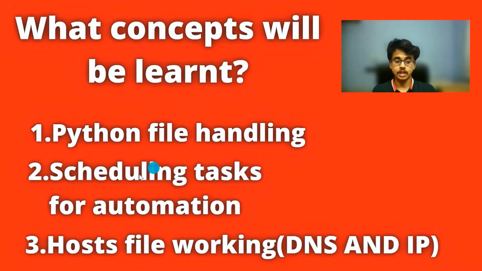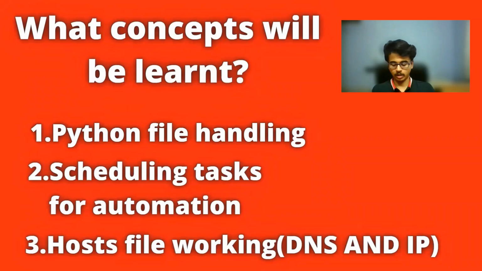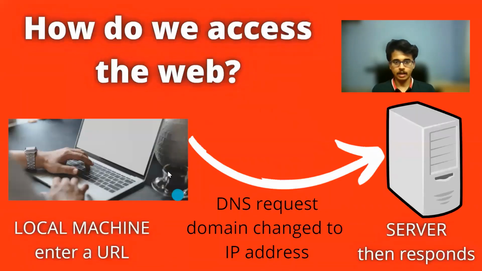And we'll also learn about the working of the host file and DNS, IP and all that. So basically, whenever we want to access the web, for example, when you are typing a URL like facebook.com, on your local machine you go to the web browser, then type the URL, right?